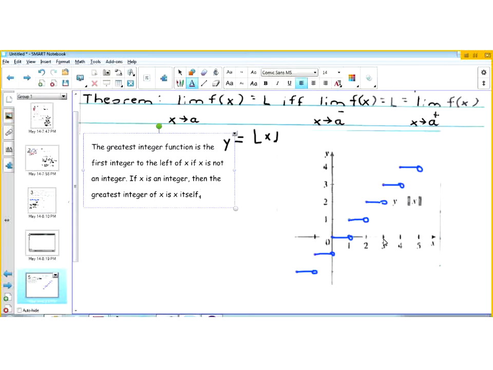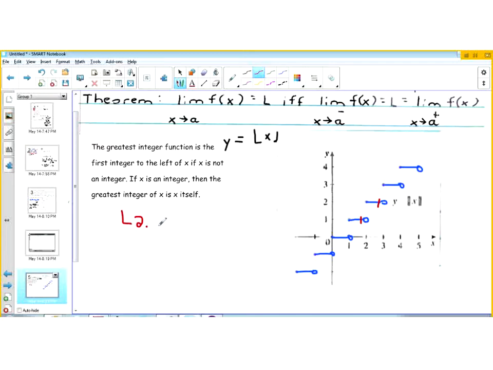All right. So for instance, say I pick 2.9. 2.9 is right here. x equals 2.9 and the output is here. So the first integer to the left of 2.9, I'm sorry, that's not 2.9, that's 1.9. 2.9 is here. The first integer to the left of 2.9 is 2.